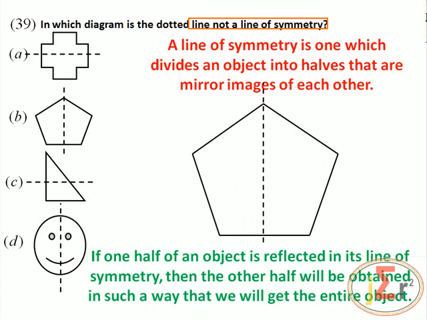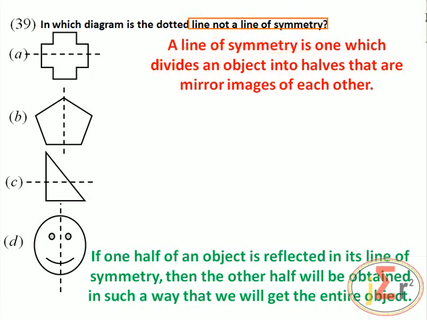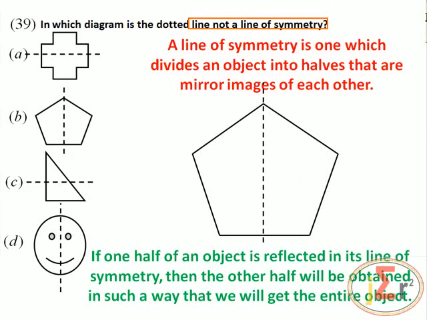So, if one half of an object is reflected in its line of symmetry, then the other half will be obtained in such a way that we will get the entire object. Let's do that again. We take one half and we reflect it in the line of symmetry, and the other half is obtained. So we are sure that this line is a line of symmetry.